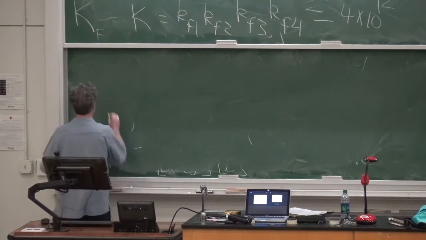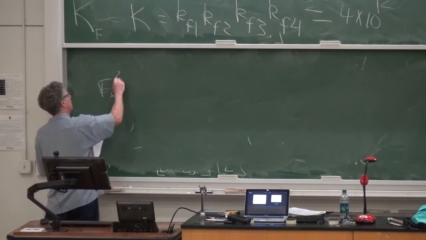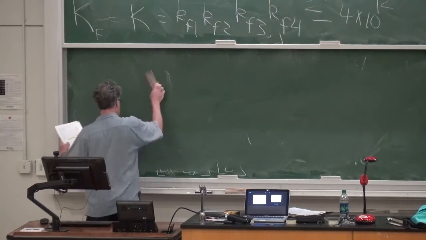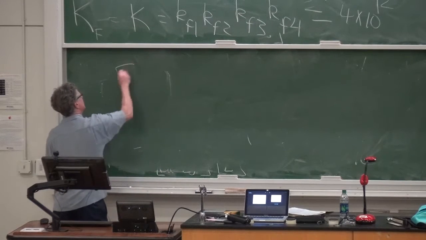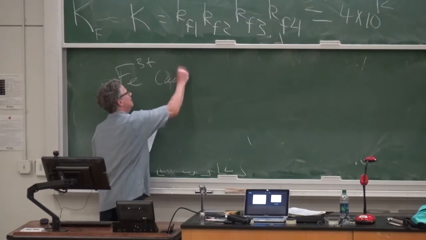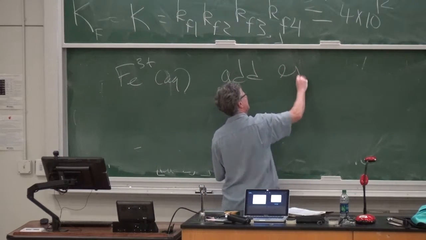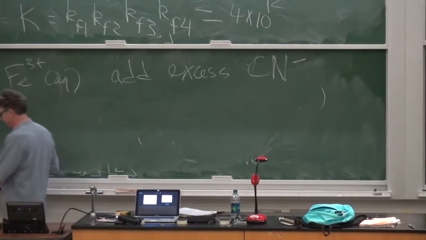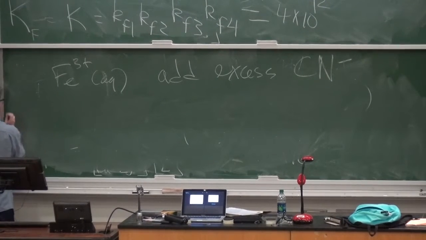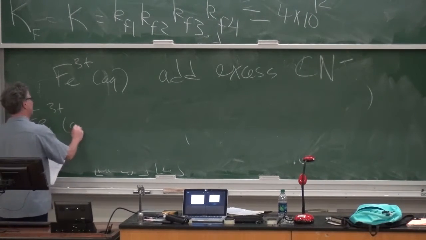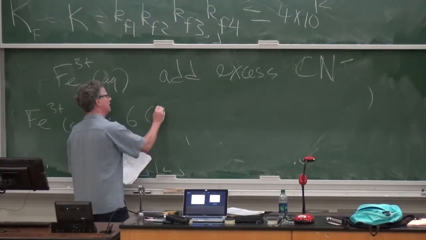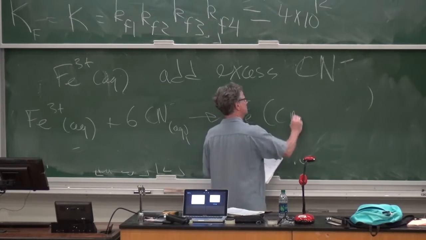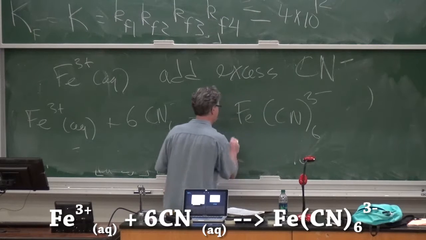You can take iron 3 plus, and we're going to take iron 3 plus aqueous, add excess cyanide, and you get this cool thing. The iron 3 plus aqueous reacts with 6 of the cyanide aqueous to make this very interesting molecule, ferricyanide.